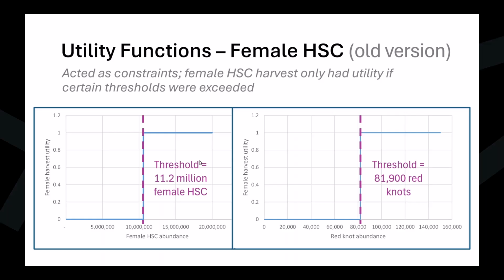So I wanted to start by talking about the red knot utility threshold. It was set at 81,900 red knots, and that is ostensibly because the stakeholders and the participants at the time were very interested or wanted very deeply to try and restore the red knot population and the shorebird stopover as a whole to some state in the past.